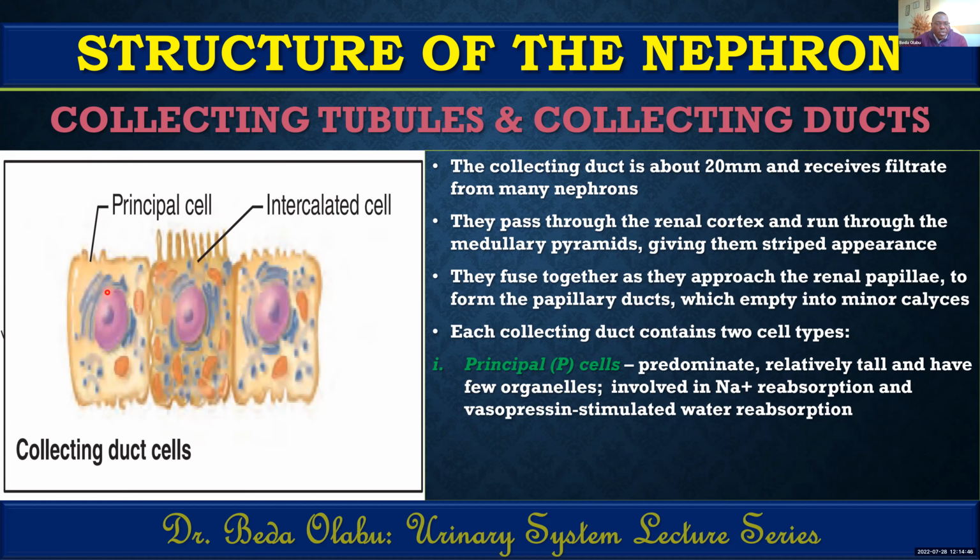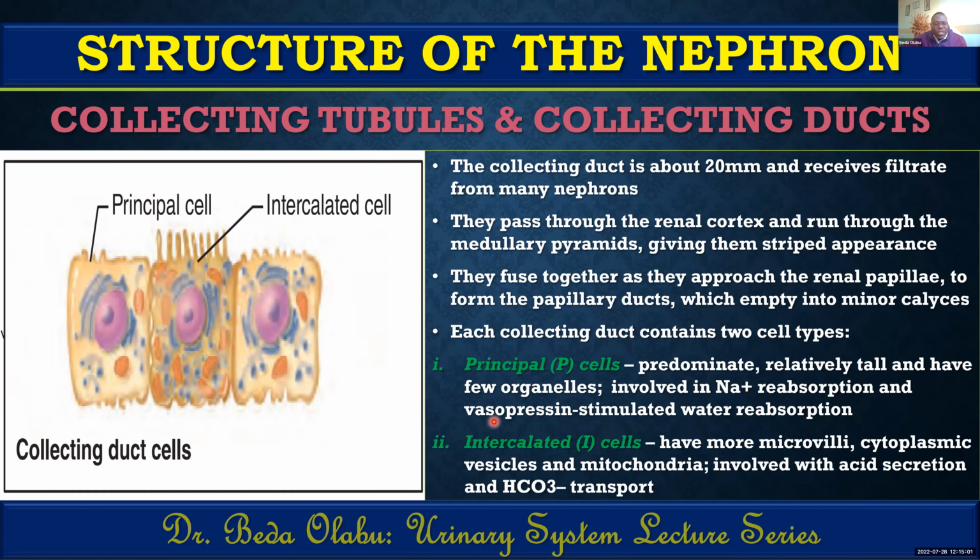These are the principal cells. There are very few microvilli, if any, but they're usually a bit taller. There are few organelles as well. Compare that with the second cell type, which we call the intercalated cells. You can call them I cells. The I cells have numerous microvilli, as you can see there. They have a lot of organelles with a lot of cytoplasmic vesicles.